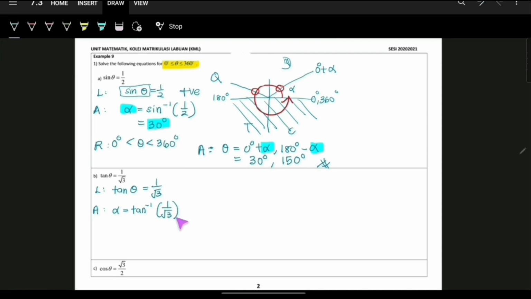Bear in mind, the value inside the bracket must be only positive. Although it's negative here, you take only the positive. Ignore the negative first. So the range, same, theta 360. Oh, sorry, my bad, because we already have equal here, so must be equal.